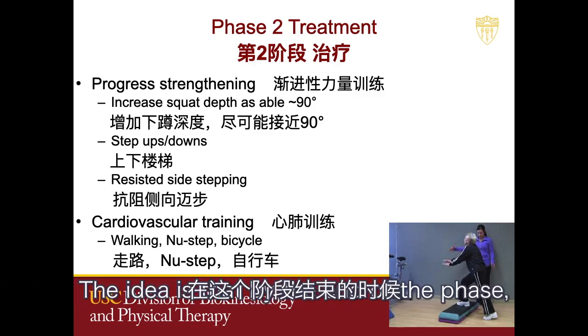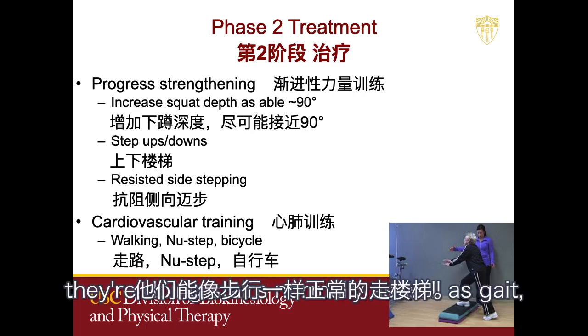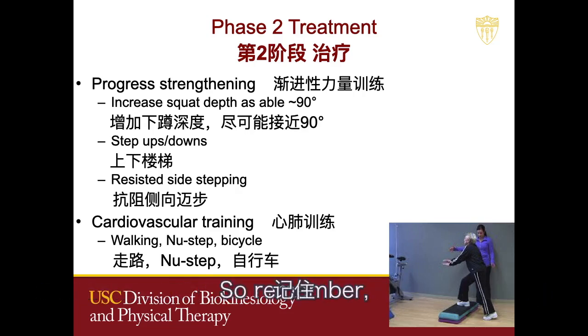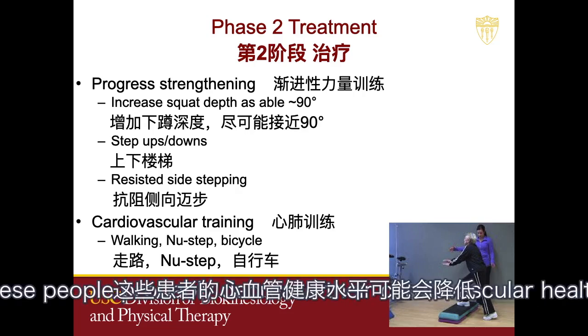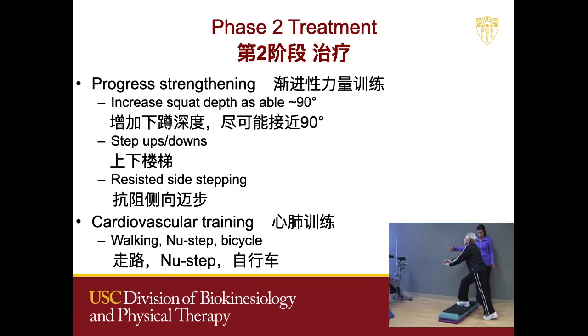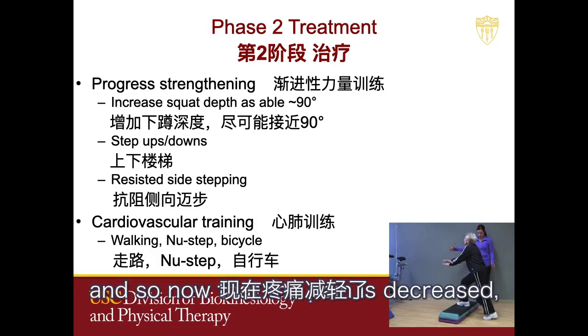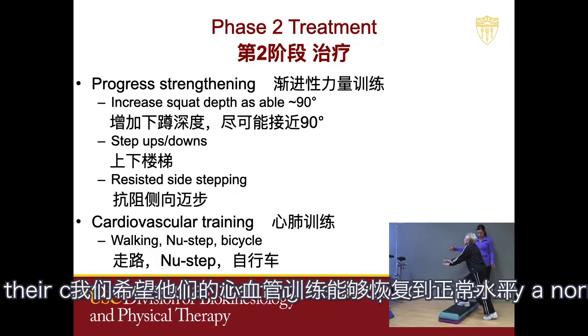Again, the idea is that by the end of the phase, they're doing stairs normally as well as gait. And we want to be doing cardiovascular training. So remember, these people probably decrease their cardiovascular health towards the end of their time before surgery because of pain. And so now that the pain is decreased, we want to be getting their cardiovascular training back up to hopefully a normal level for their age.